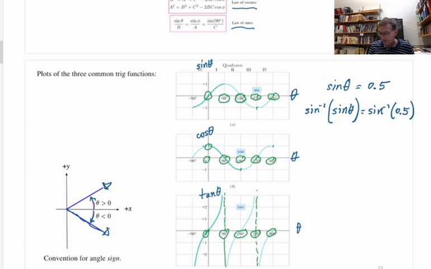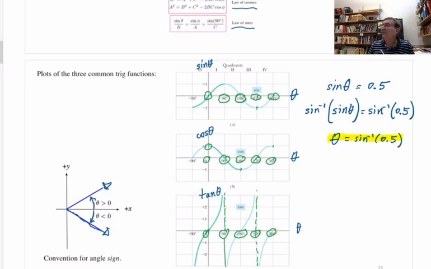undo each other, and you're just left with theta. And on the right, then you are left to calculate the inverse sine of 0.5. Now the good news is we have calculators and computer programs that are programmed to calculate inverse trig function values.